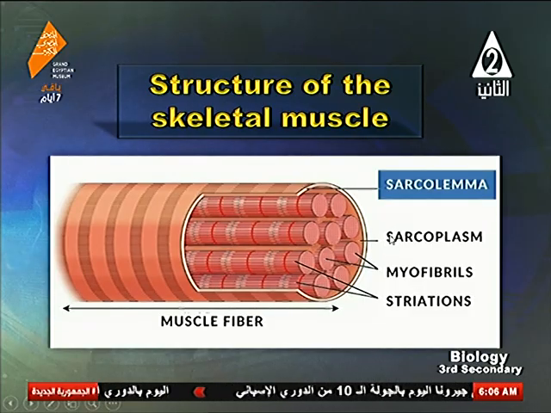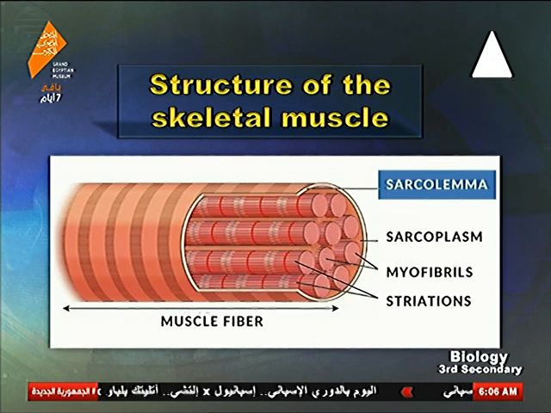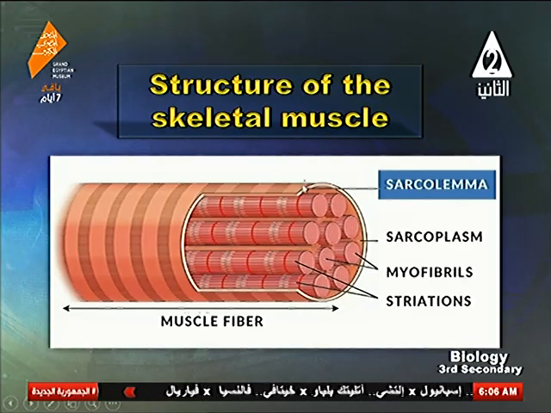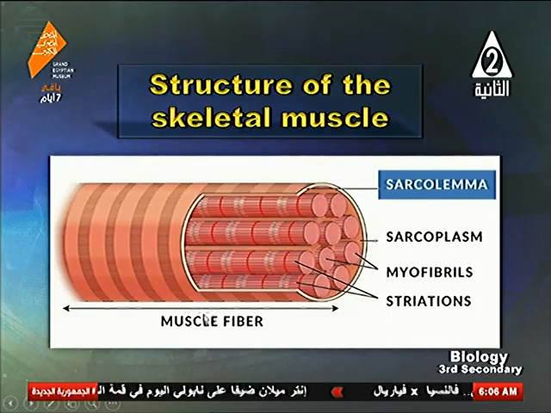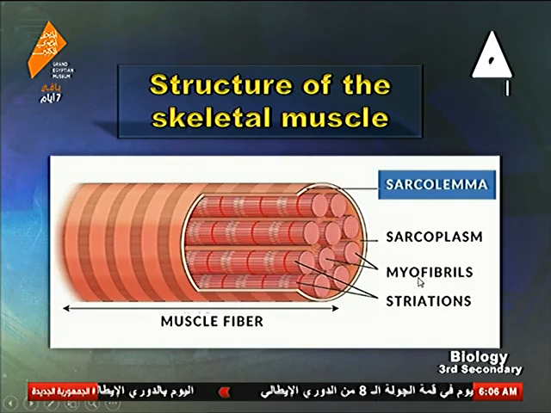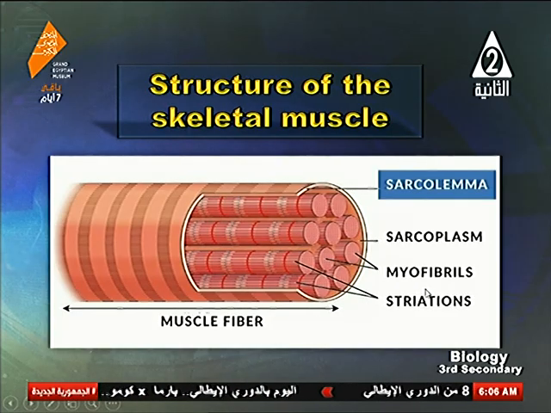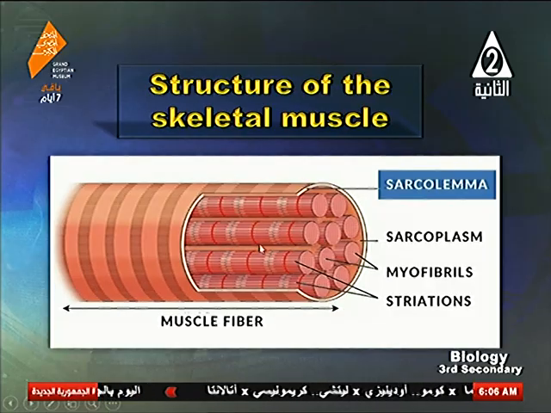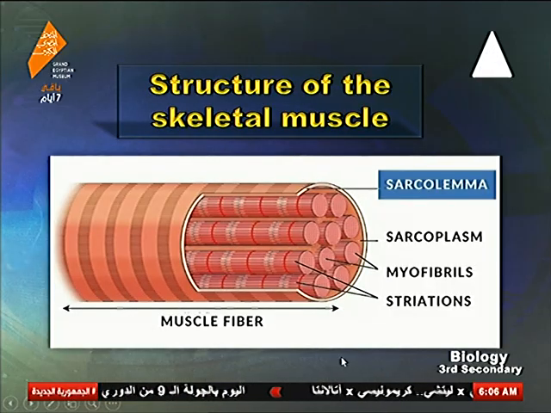So the cytoplasm in the muscle fiber changes its name and becomes sarcoplasm. The cell membrane that surrounds the muscle fiber is called sarcolemma. A group of myofibrils, this one. So the muscle fiber consists of a group of myofibrils. Their number ranges between 1,000 to 2,000 myofibrils, arranged longitudinally and parallel to the longitudinal axis of the muscle, okay?